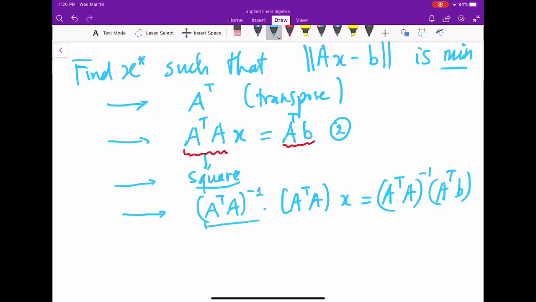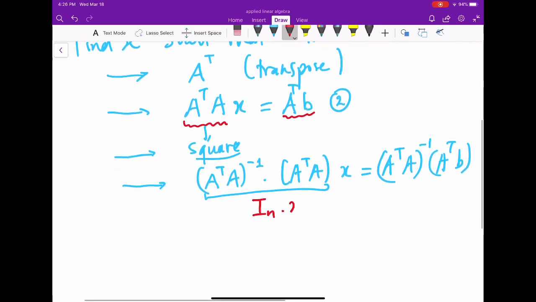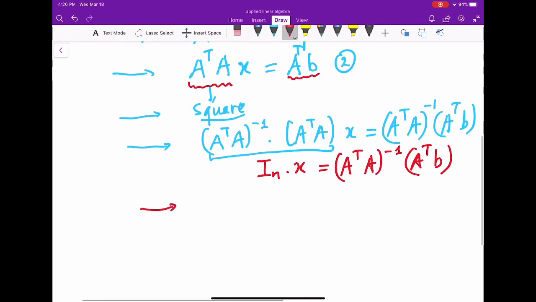And this is just the identity, so x equals (A^T A)^-1 A^T b. So that is your solution: x* equal to (A^T A)^-1 A^T b.